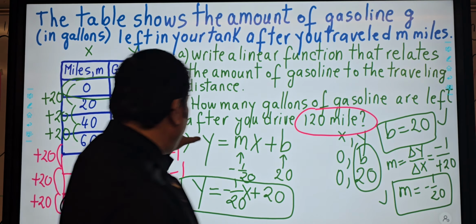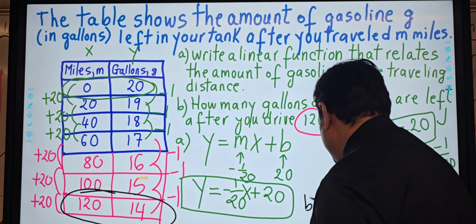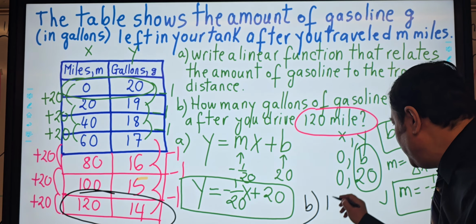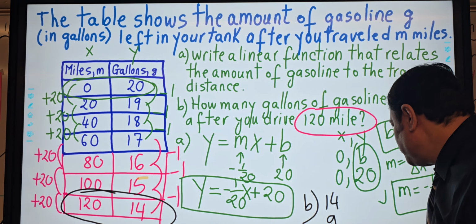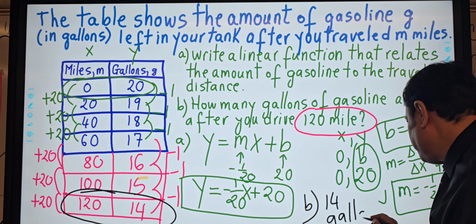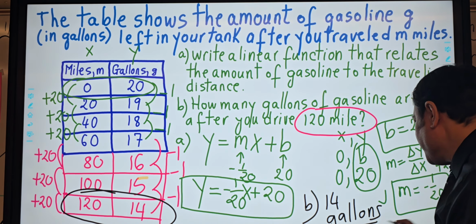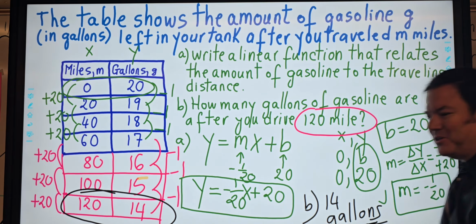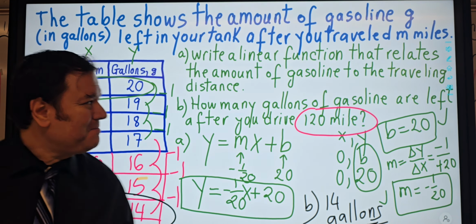So the answer for B is 14 gallons of gasoline we are left with after you drive 120 miles.